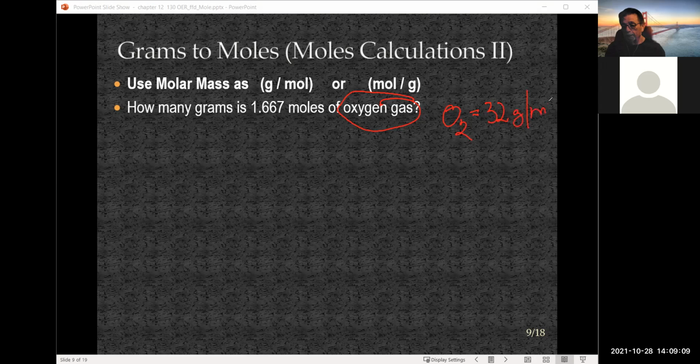grams per mole. So obviously in each type of calculation, one of the first things you need to do is to identify the molecule you're working with. And if you don't know the formula, determine the formula. And once you determine the formula, determine the molar mass, because you're going to need the molar mass in all these types of calculations.